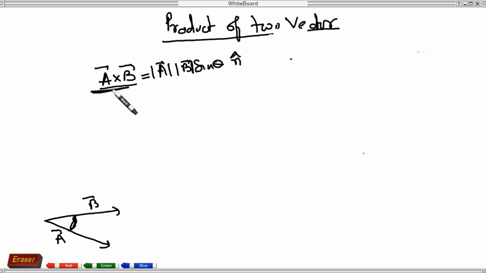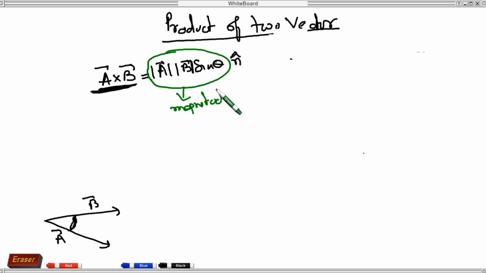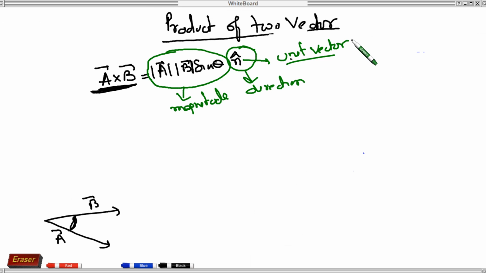The cross product of any two vectors will give us a new vector. This part is the magnitude, this denotes the direction, and what is this? It's a unit vector. What does unit vector mean? A vector which has only one magnitude and is used only for showing the direction.